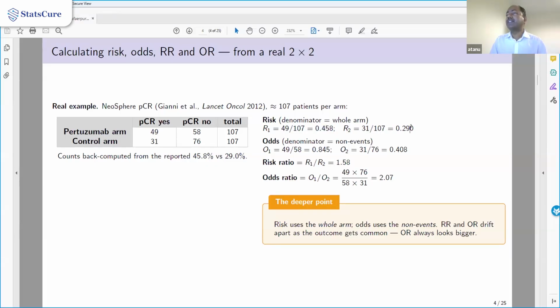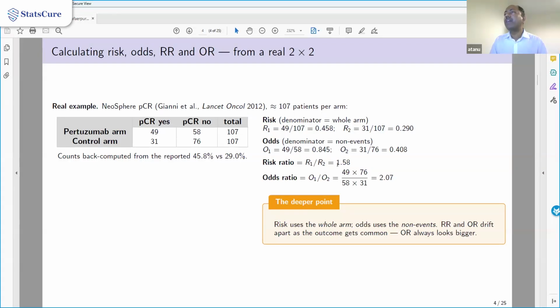This is not the risk ratio, and we are not talking about the rate here. We are talking about the risk. Now, once we have both risks, risk 1 and risk 2, we can get the risk ratio, which is the ratio of these two risks, R1 divided by R2. That is 0.458 divided by 0.290.